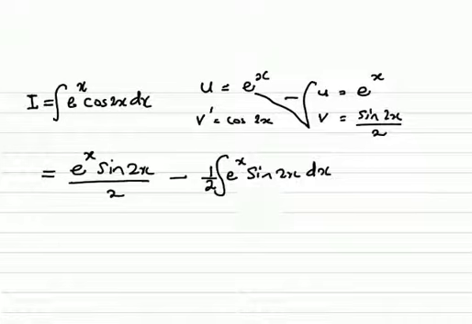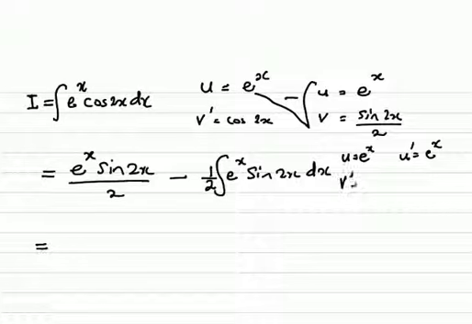Now in our repetition of integration by parts, we can still say our u equals e to the x, and our u prime is going to be e to the x. Our v prime is going to be sine of 2x, and our v is going to be equal to minus cosine of 2x all over 2.